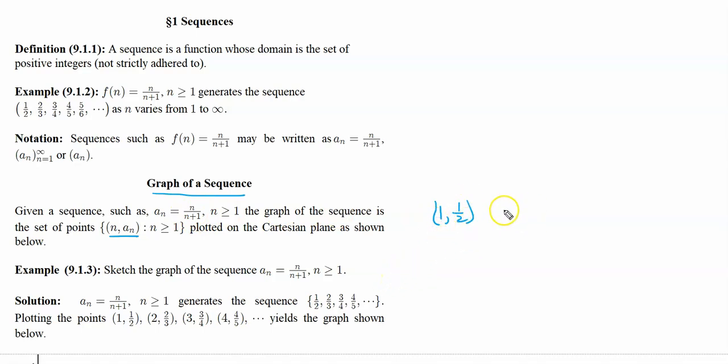If n is 2, a of 2 is 2 over 3, so we plot 2, 2/3. If n is 3, a sub 3 is 3/4. And so on. The graph of these points together forms the graph of our sequence.